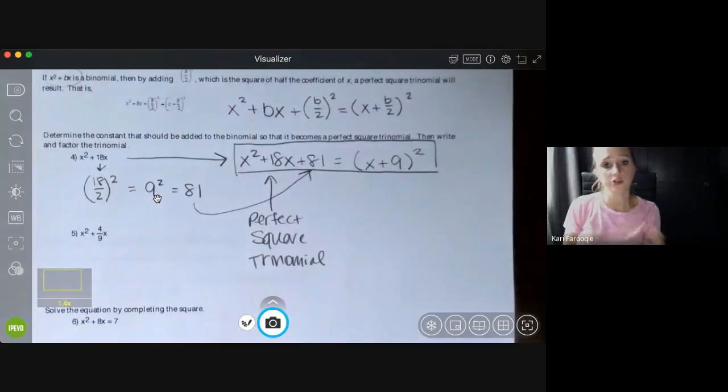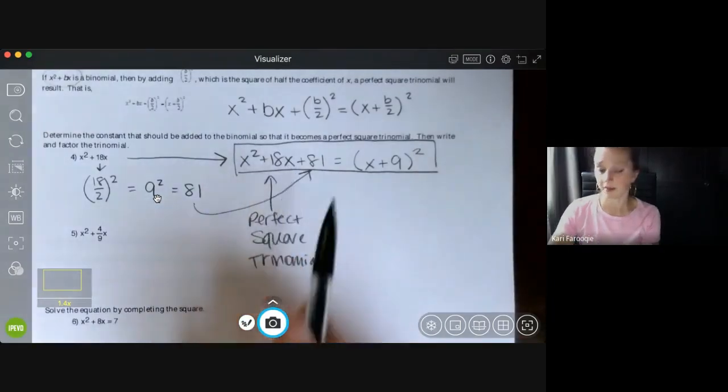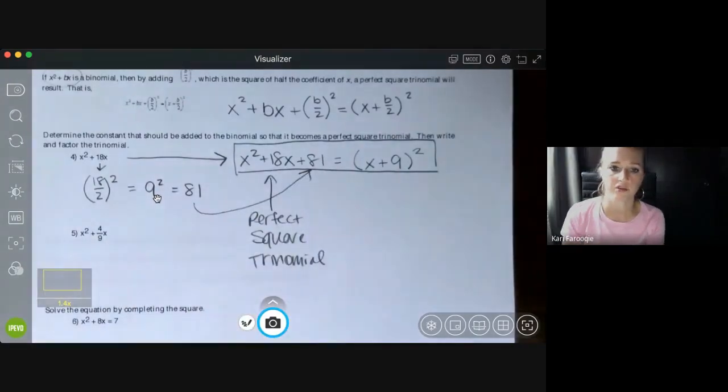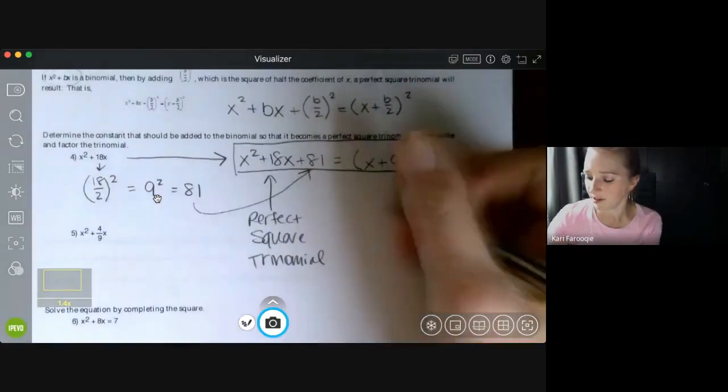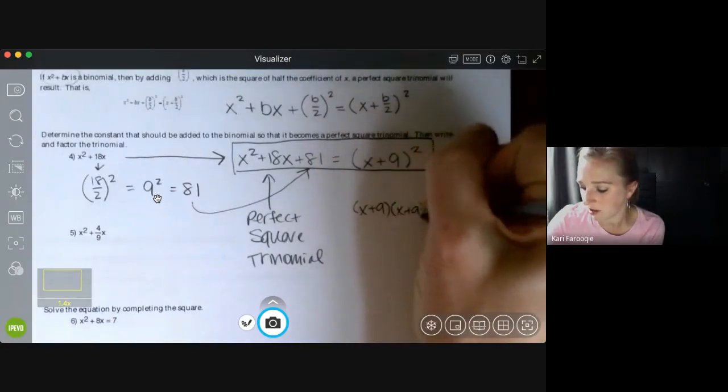And you could always check this. If you multiplied x plus 9 by x plus 9 and FOILed it out, you would get right back to here: x squared plus 9x plus 9x plus 9 times 9. If you don't remember how to FOIL, I'll give you a quick reminder right now. x plus 9 squared is x plus 9 multiplied by itself.